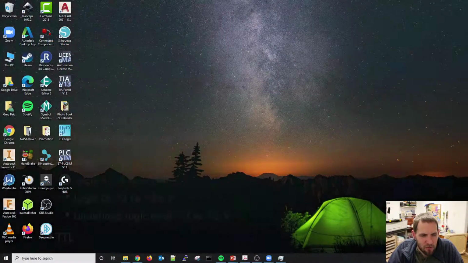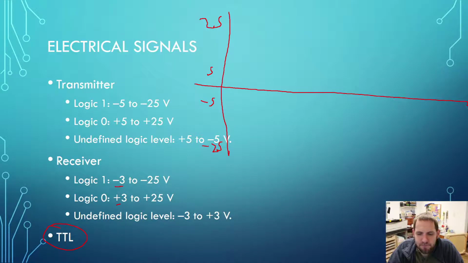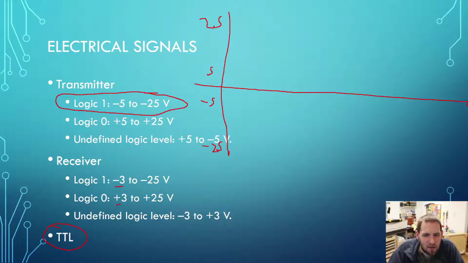When we are dealing with transistors, microcontrollers, even computers, things like that, they operate at a very specific voltage. They don't do these crazy voltage swings. The reason that we want these crazy voltage swings of positive and negative 25 volts is for transmitting distances. The higher the voltage, the farther we can transmit a signal.